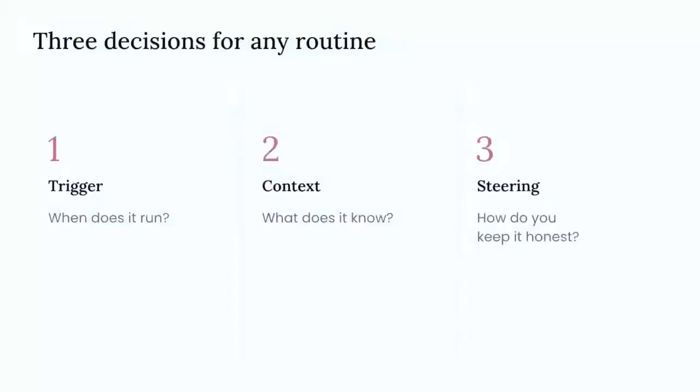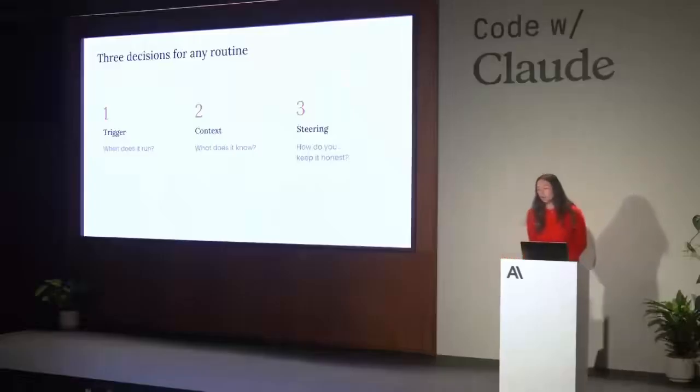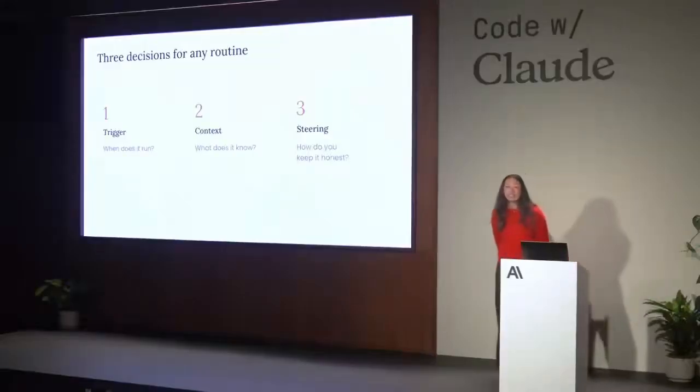But first, I want to walk through the three main decisions you'll need to make as you create any routine. The first decision is when your routine should trigger. What's the event, or is there a certain cadence that you want this to run? The second decision is what context or information Claude needs to be successful here.